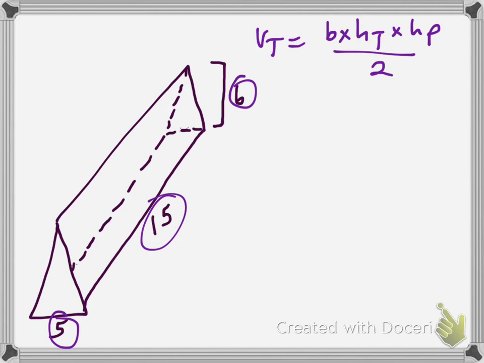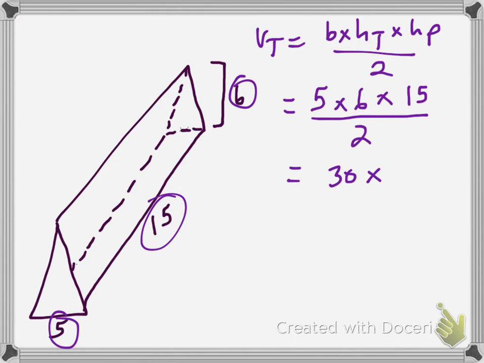Let's do our substitution step. The base is 5. The height of the triangle is 6. The height of the prism is 15. And we have that divided by 2. So 5 times 6 is 30. So I'm going to have 30 times 15 and divide that by 2.